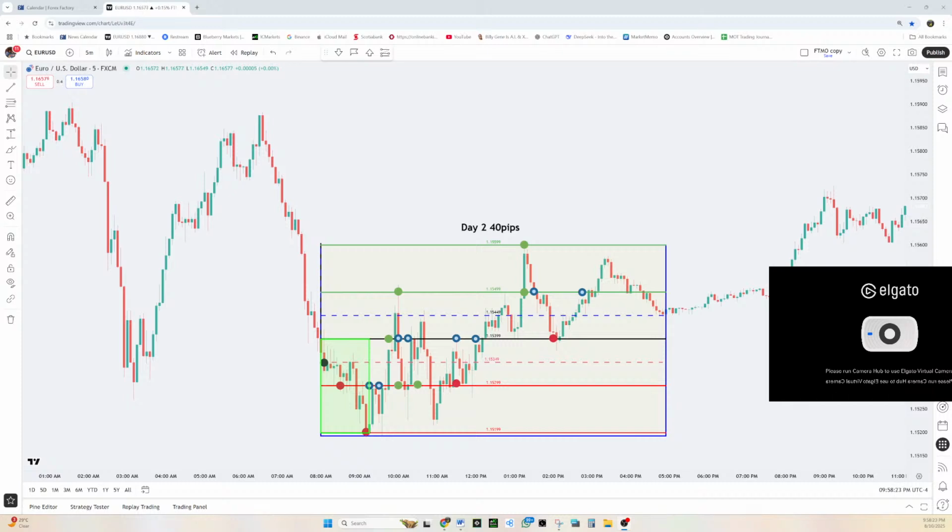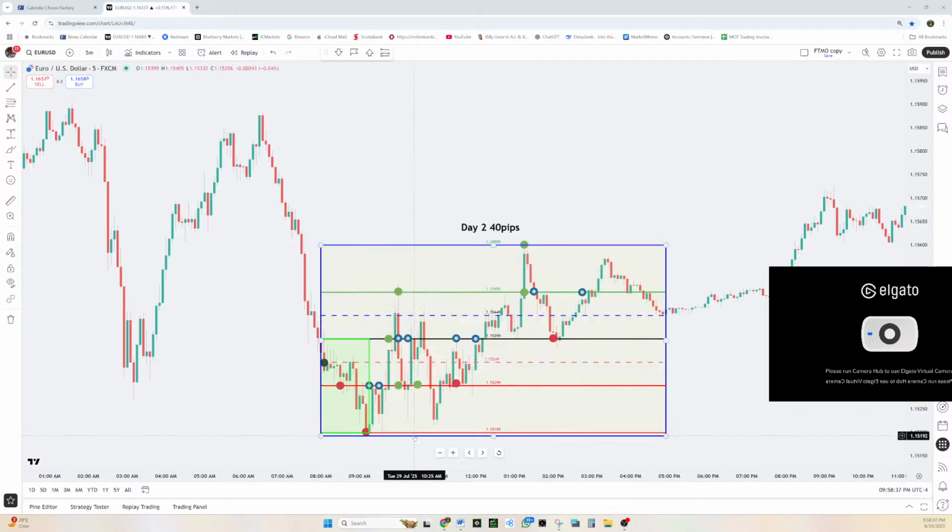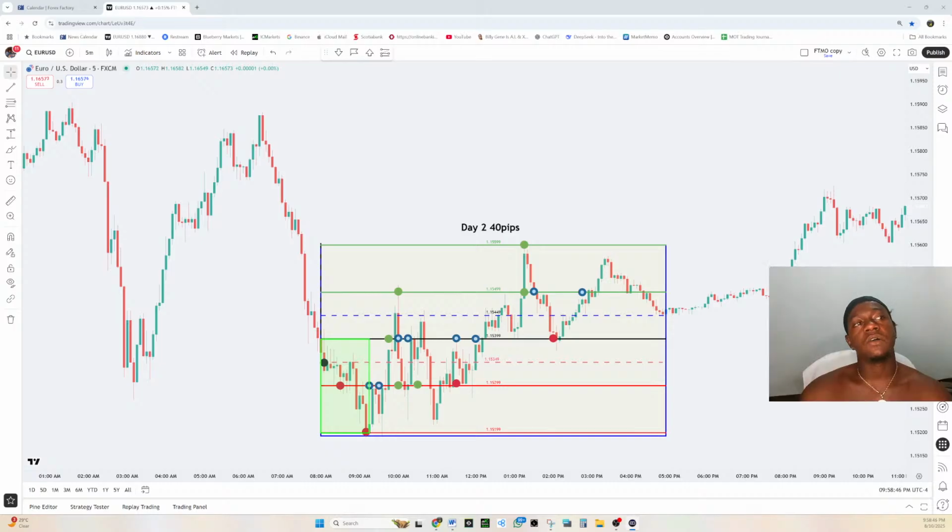But I doubt it's the webcam. I really think it might just be OBS. Sometimes it's just OBS. If I pull up Elgato, it should be able to pull up the webcam. Told you, it's not the webcam. It's OBS. There we go. Test, test, test, and as you can see, it's working.